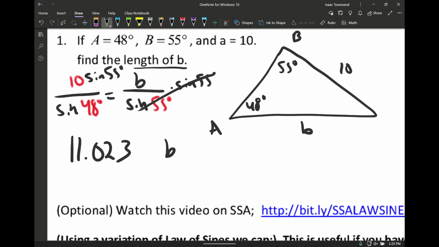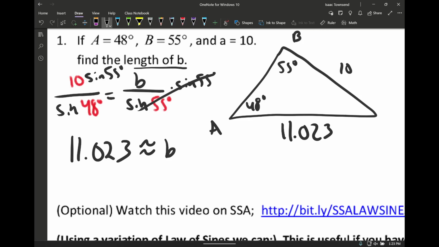Some of this may not go in the calculator the way you expect it to, but if your calculator is in degree mode and you type it in correctly, it's about 11, which should make sense because if a length of 10 was opposite 48 degrees, you know this side was opposite 55 degrees, so it had to be bigger than 10.